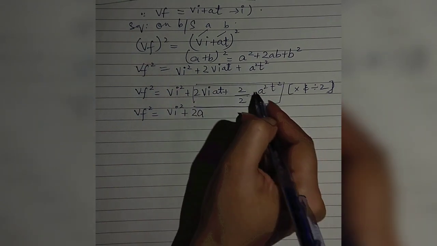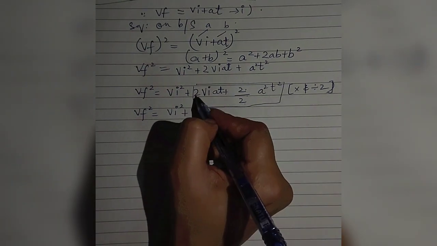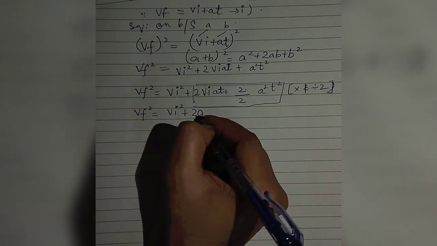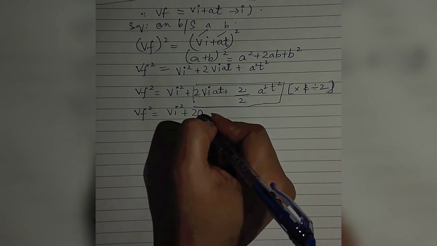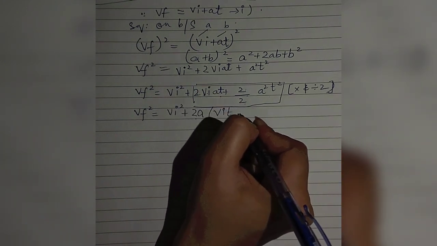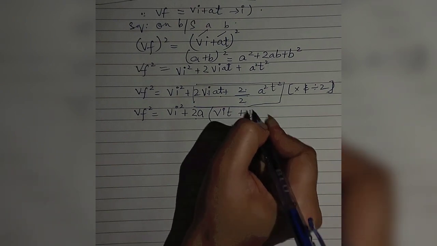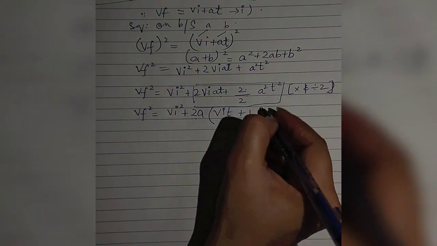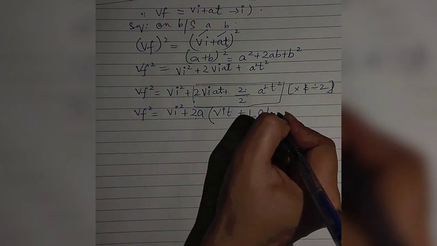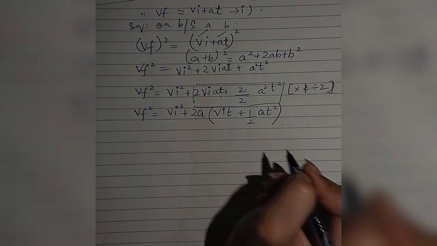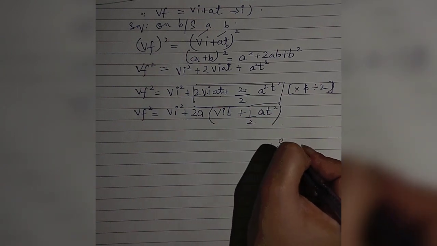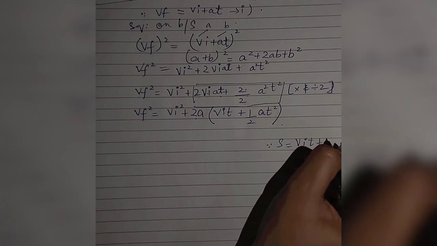Now you understand why I did multiply and divide over here, just in order to take 2 and a as common. Now in the bracket what remains? Vit plus 1 upon 2, as this 2 becomes common and this a becomes common, then t squared. We know that further this one is equal to s, that is s is equal to Vit plus half at squared.